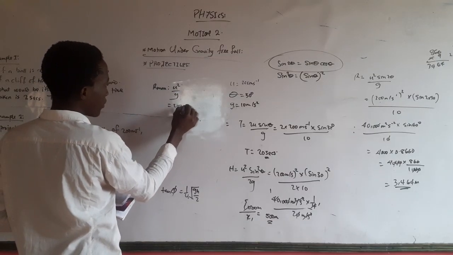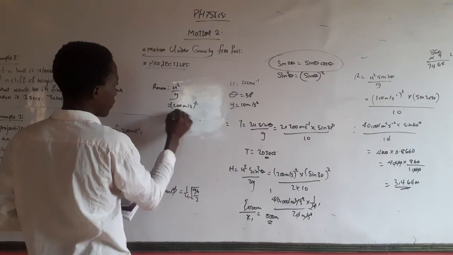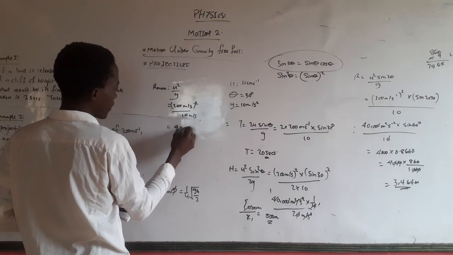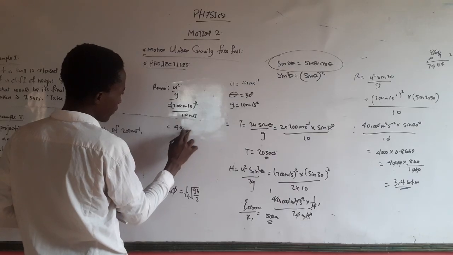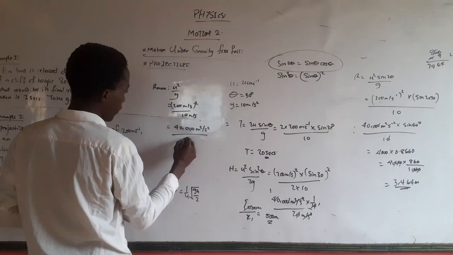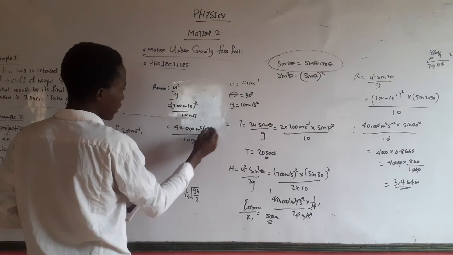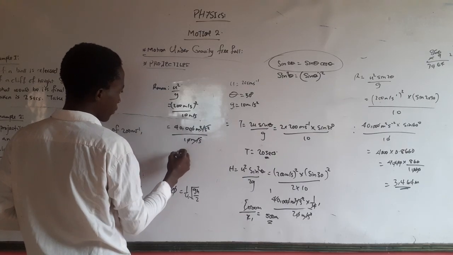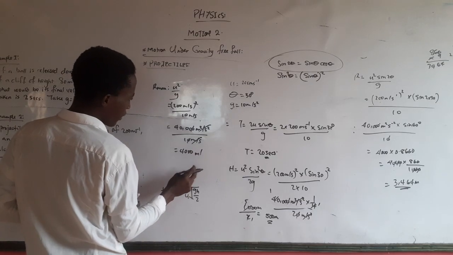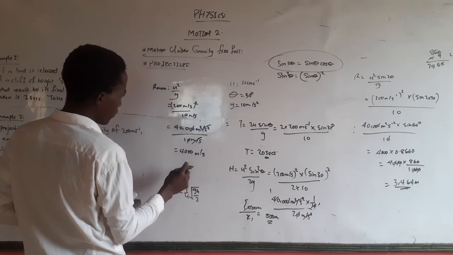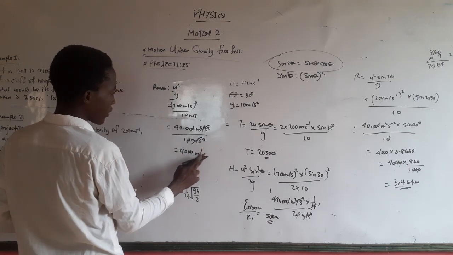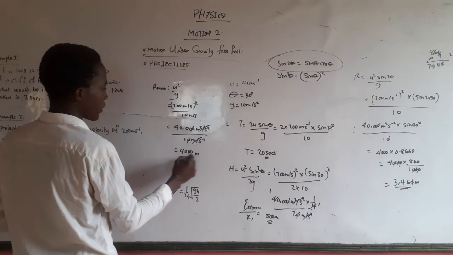That's 200 meters per second squared, over 10 meters per second squared. Do you understand? So we have 40,000 meters squared per second squared over 10 meters per second squared. Dividing this, you have 4,000 meters. There's nothing more, so this is the final answer.